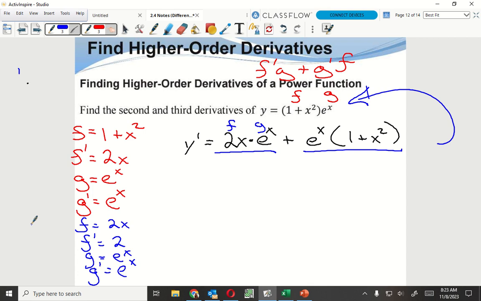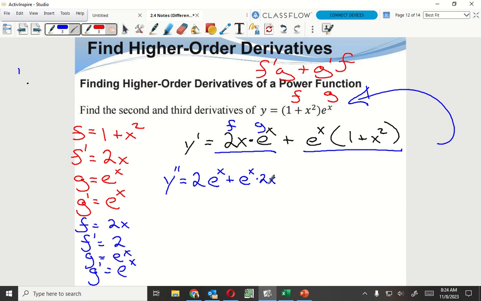So I'm going to say that my y double prime is, so if it's f prime g, so f prime is 2, g is e to the x, plus g prime, which is e to the x, f 2x. So that's this piece right here, right?